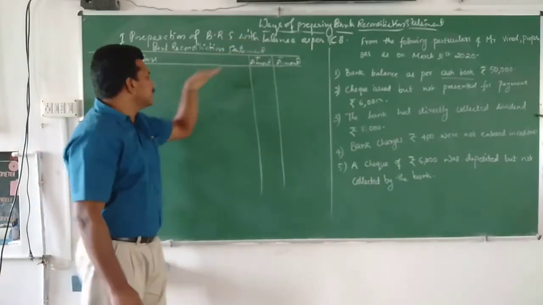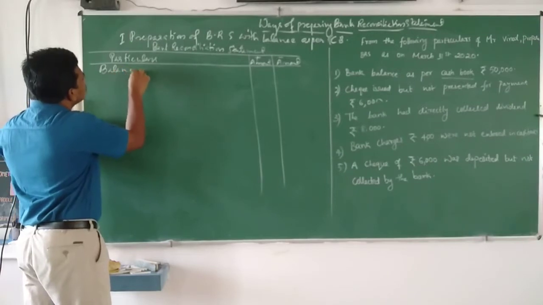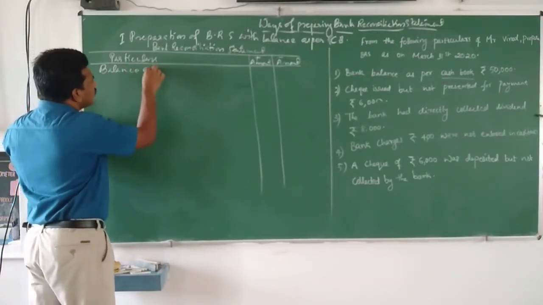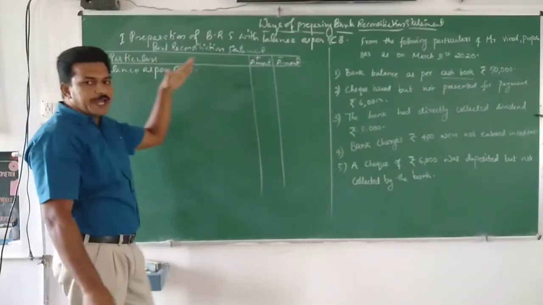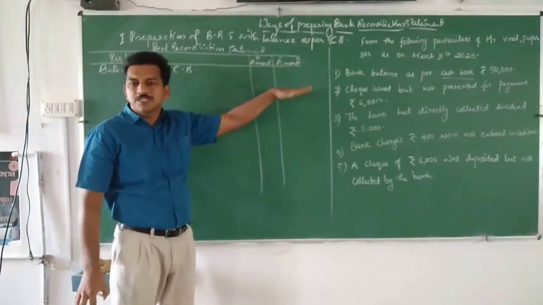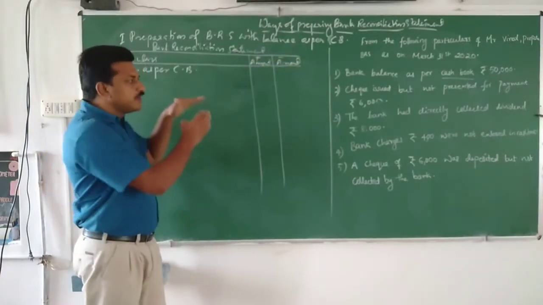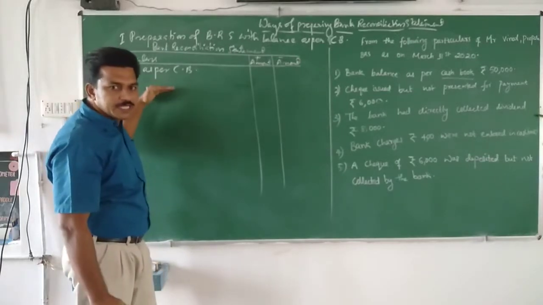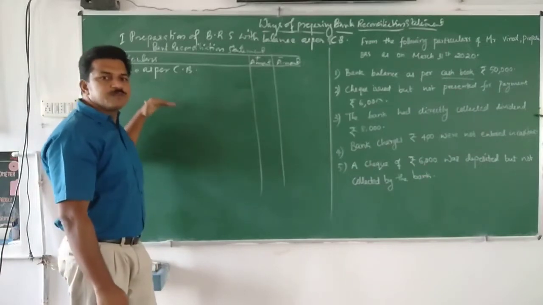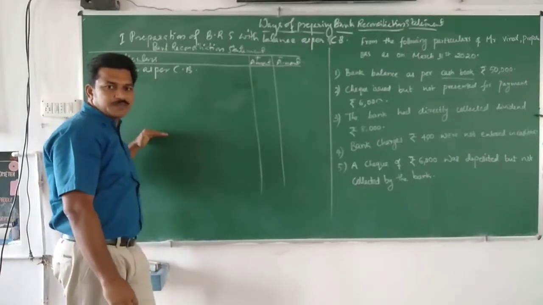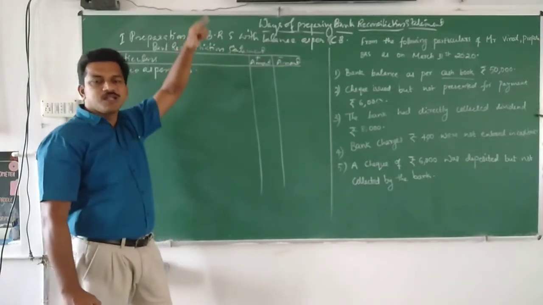Isn't it? So since we are starting with the balance as per cash book, we have to get the balance as per passbook. For that, what can be done? The expense we have deducted should be added, because since we deducted the expense, the balance as per the cash book is less, but this expense is not shown in the passbook, so the balance is more there.